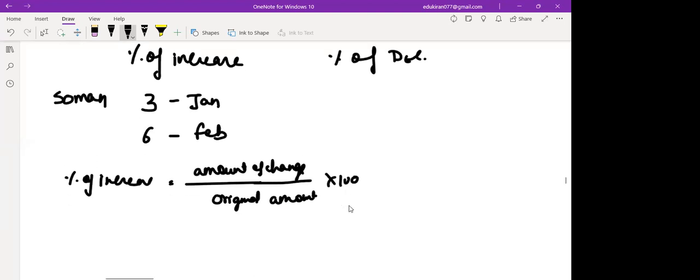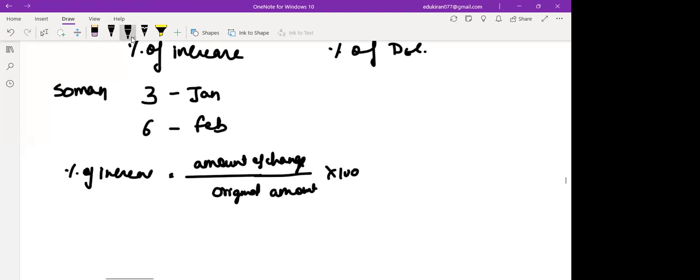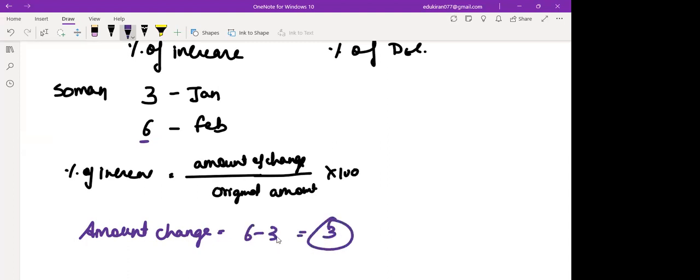First thing you should know is how to find the amount of change. You find it like this: the later value minus the earlier value. Now he is scoring 6, earlier it was 3. So you do 6 minus 3, so 3 is the amount of change. Let's put it in the formula.